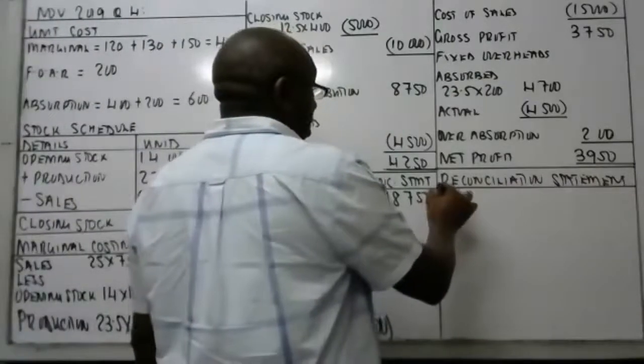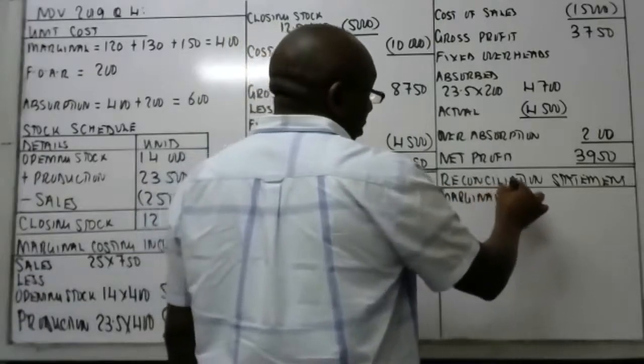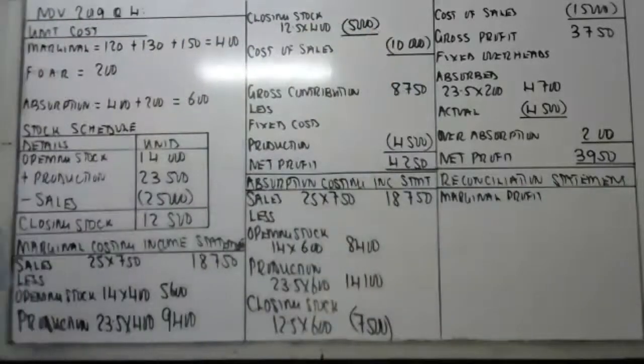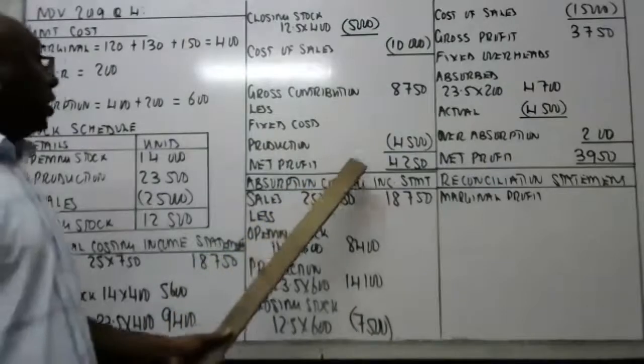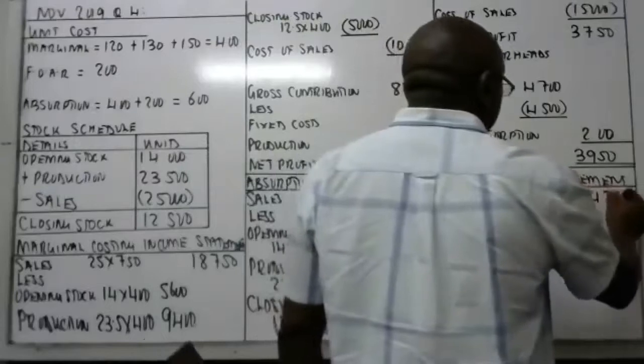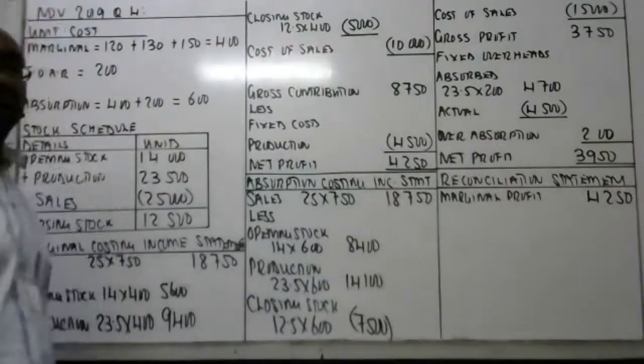So here we begin with marginal profits. So marginal profit was 4250.